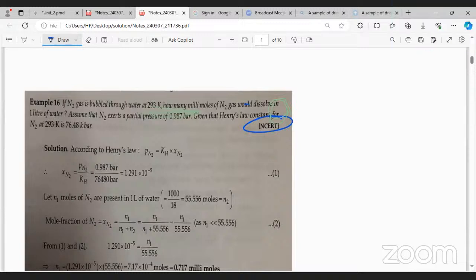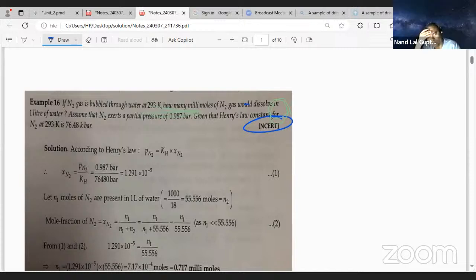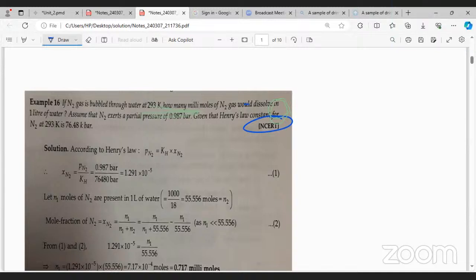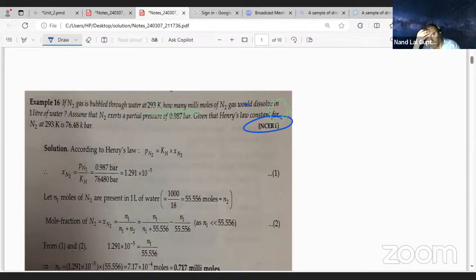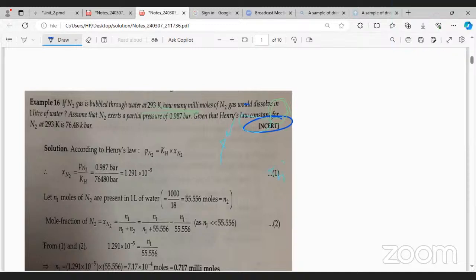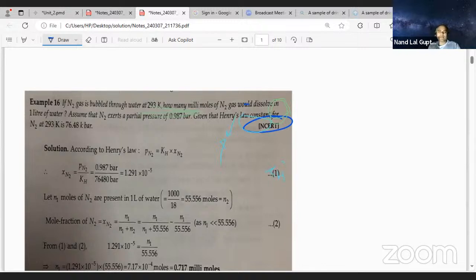Gas level through water at 293 Kelvin. How many millimoles of N2 gas would dissolve in 1 liter of water? Assume that N2 exerts a partial pressure. Given Henry's law constant. So this one I am telling you, this is an NCERT solved example.